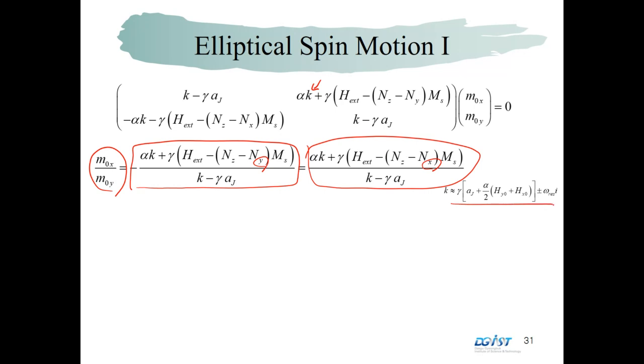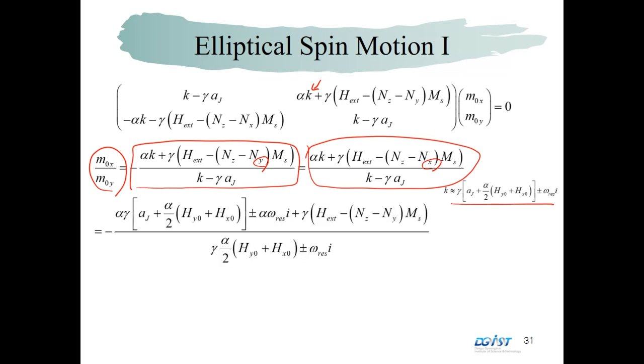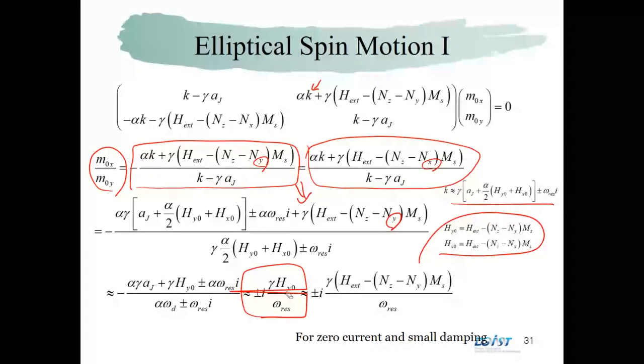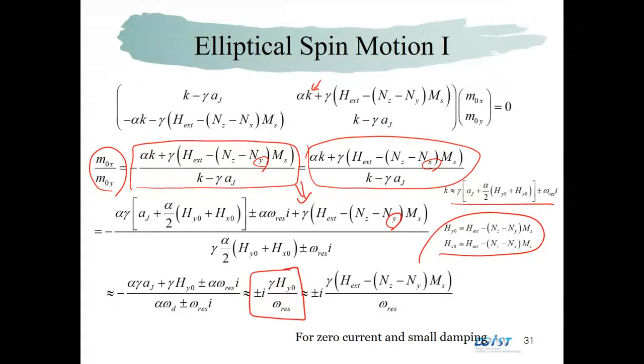When we insert the condition of k, let's think about the first one right here. It's a little bit busy, but somehow you can do it. We can insert this relation, and the ratio is here, in this form.